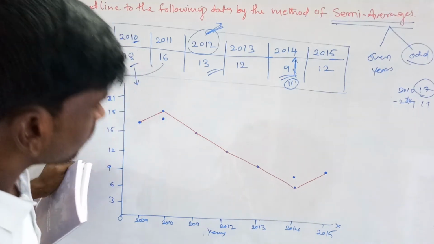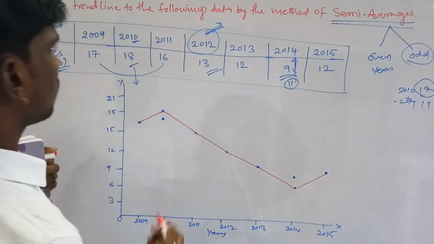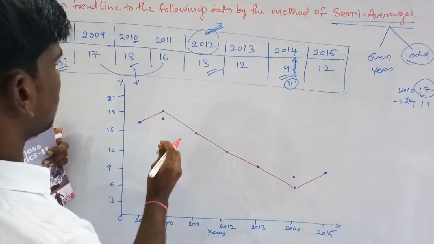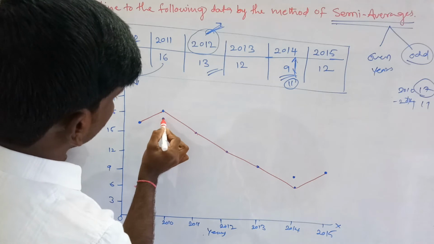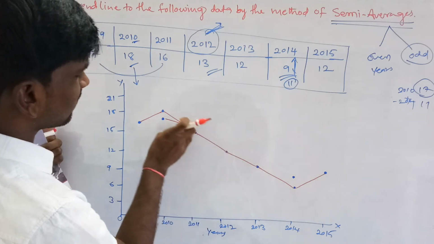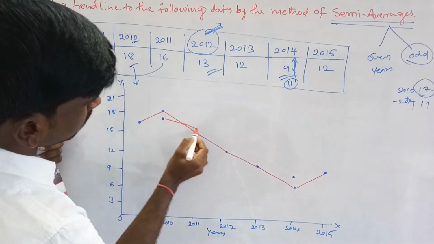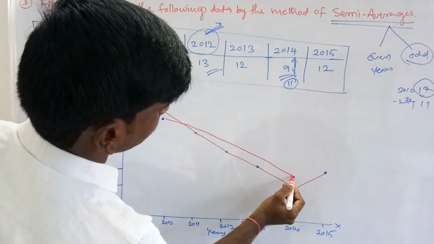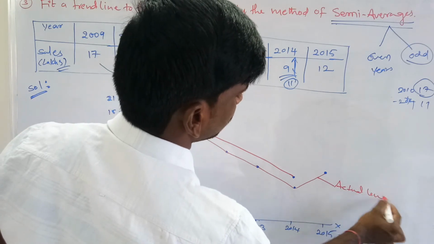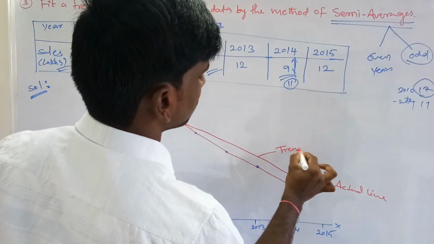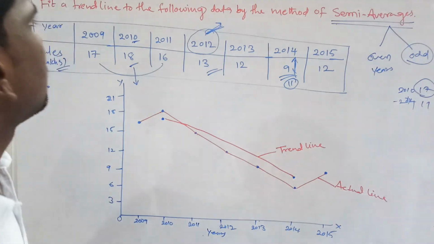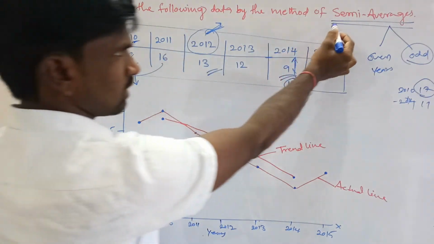So we can draw it as a straight line, right? This is the actual line, this is the trend line.